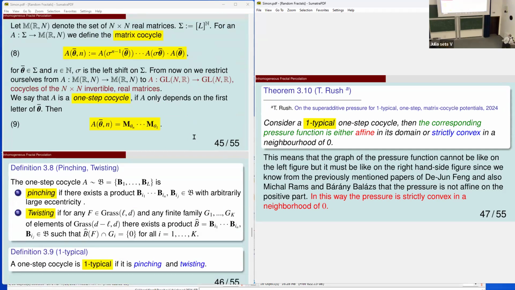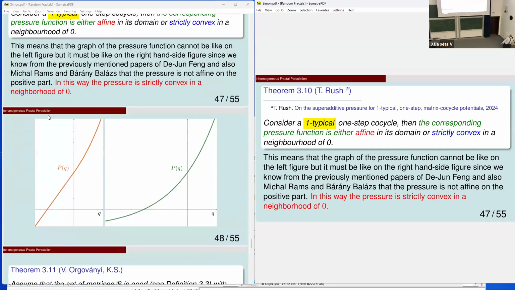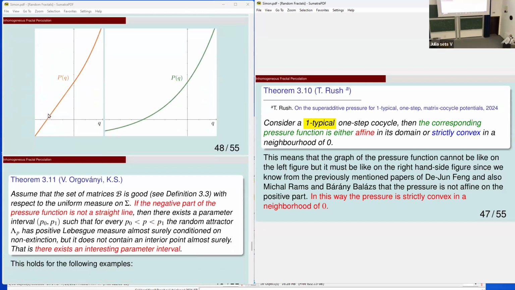Then the corresponding pressure function which we defined is either an affine function or it is strictly convex. This is very, very important for us, because let's have a look at how it looks and put it into context with something that we proved with my student Vilma Orgovani. It says that it is strictly convex around zero. And why is that good?